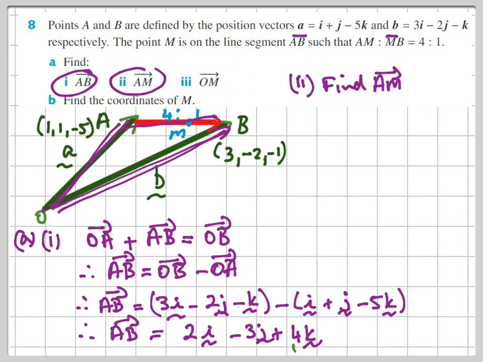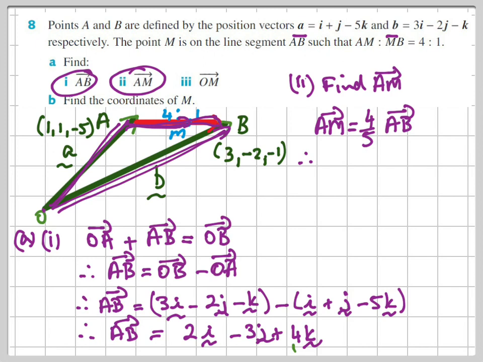Let's go ahead and find vector AM. Well, AM is this vector here, A to M. And we can see really all it is 4/5 of the vector AB, isn't it? So we just say that. So vector AM is 4/5 of vector AB.